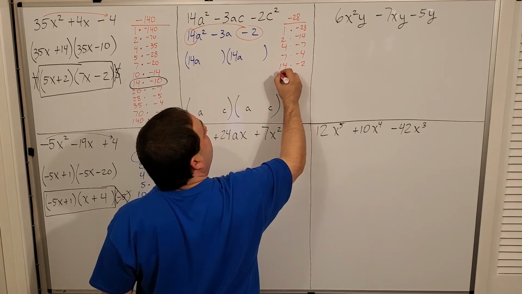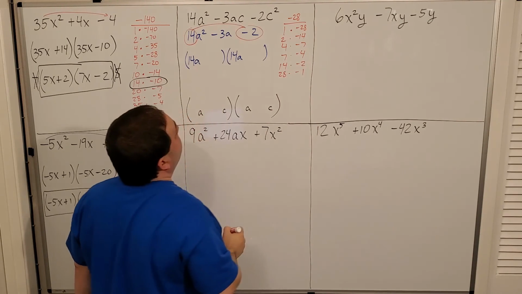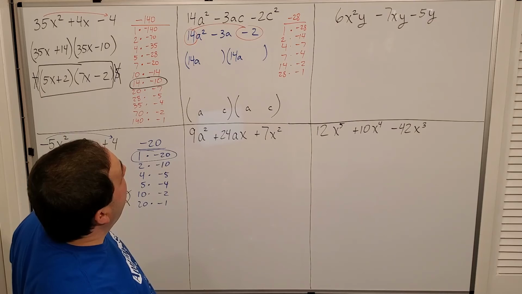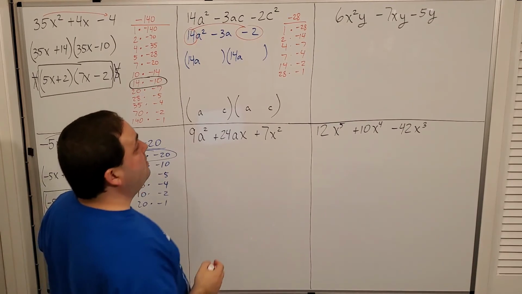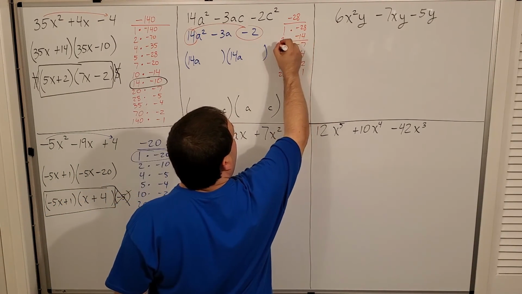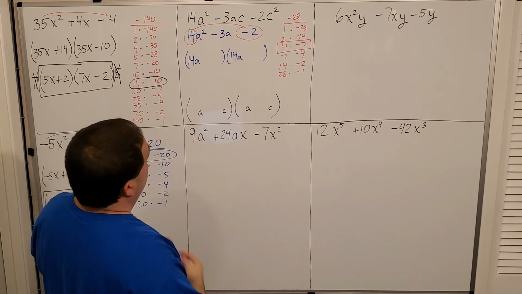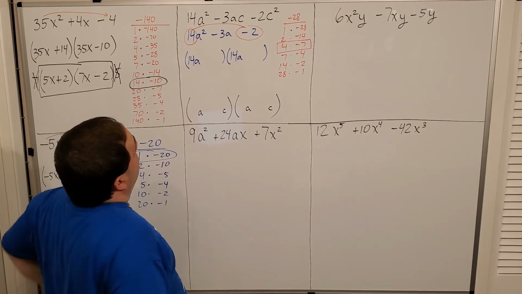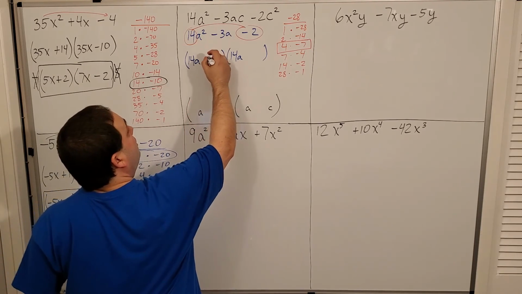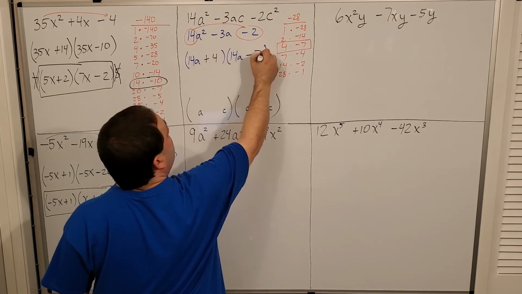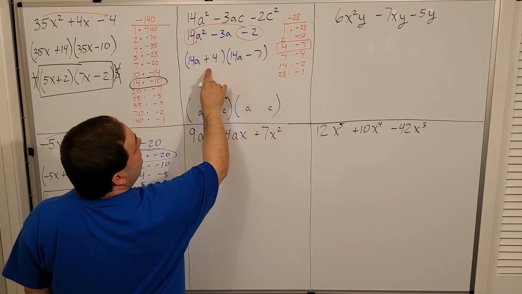So I got negative 2 and 28, negative 1. They need to add to get negative 3. So I will take 4 and negative 7. Alrighty. So then I'm going to put plus 4 and minus 7 in my parentheses here.